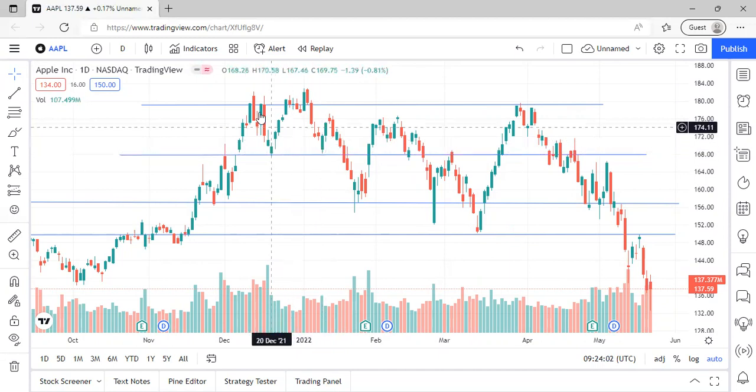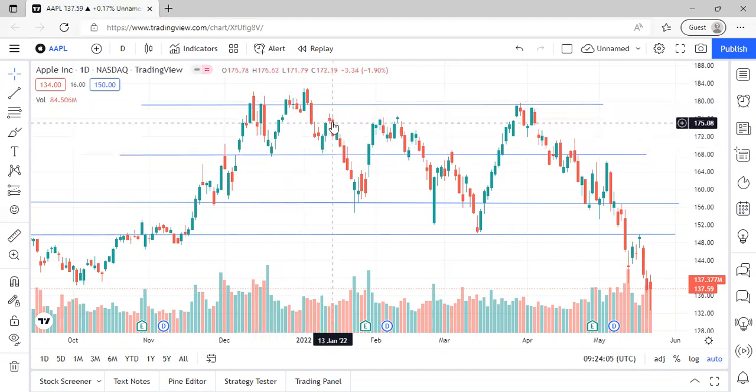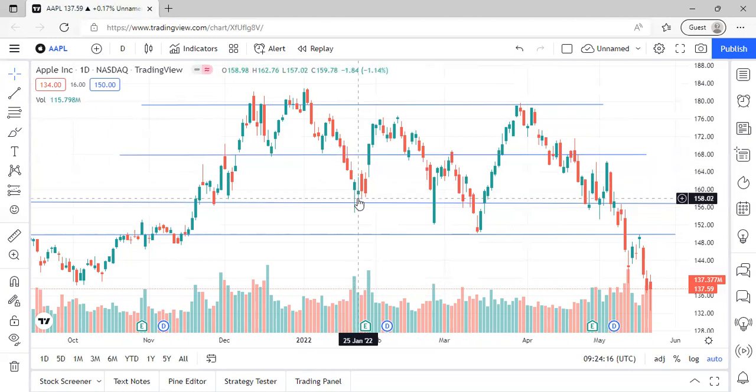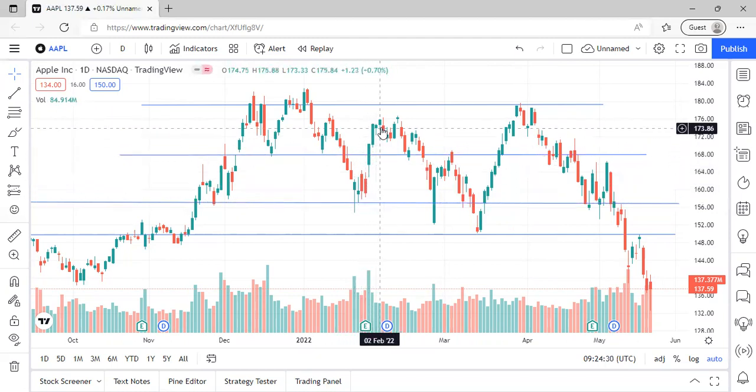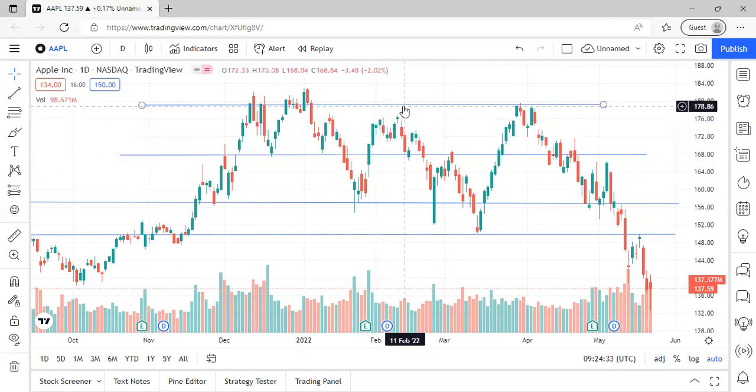So you can see this jagged movement along this channel, and finally on the 19th of January, this particular support line is breached, and then the price moves further downwards to the next resistance line, which is at 157 USD. Once this support line is reached and is not tested, it bounces back up, almost to the first resistance line.